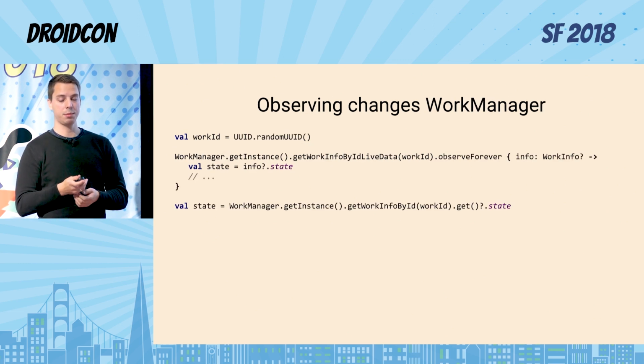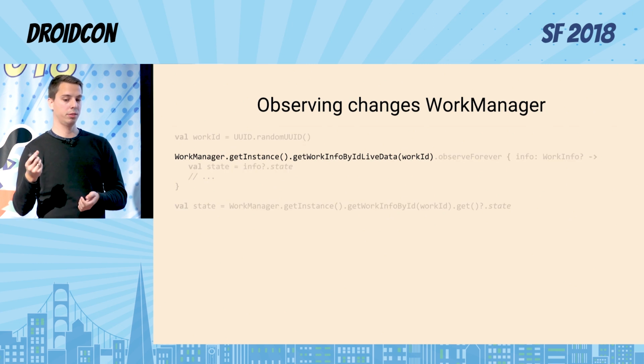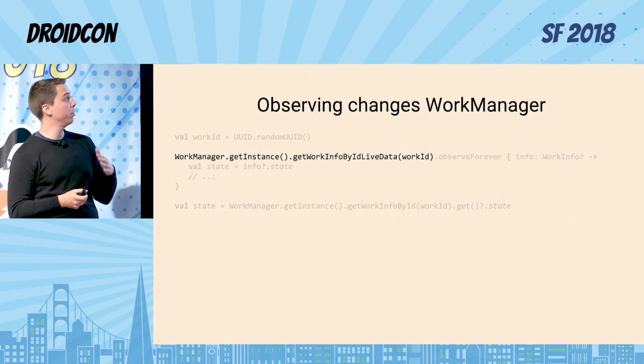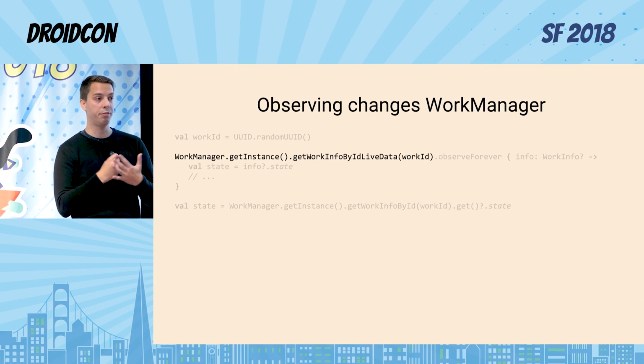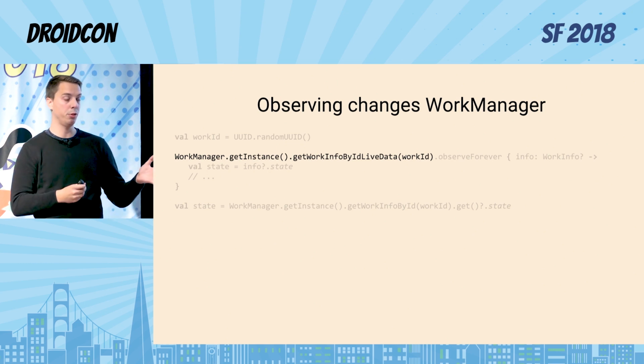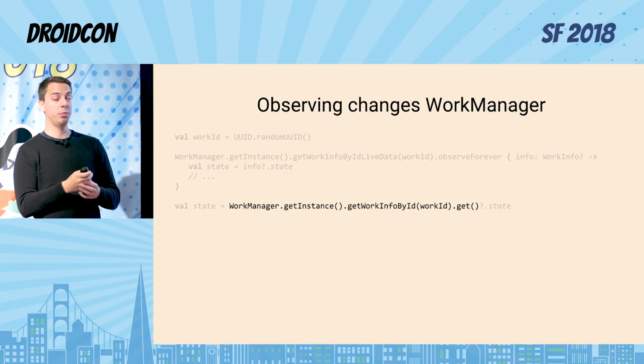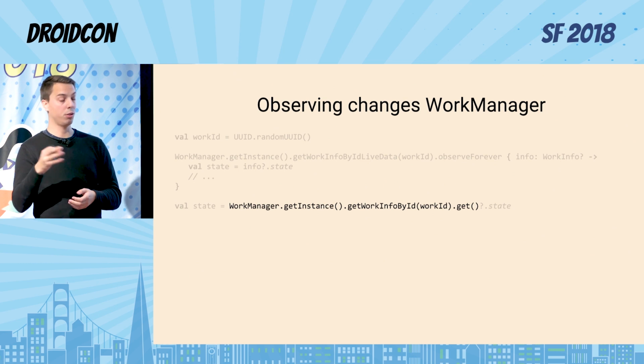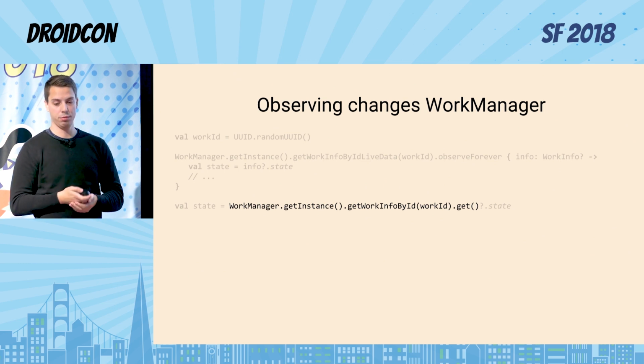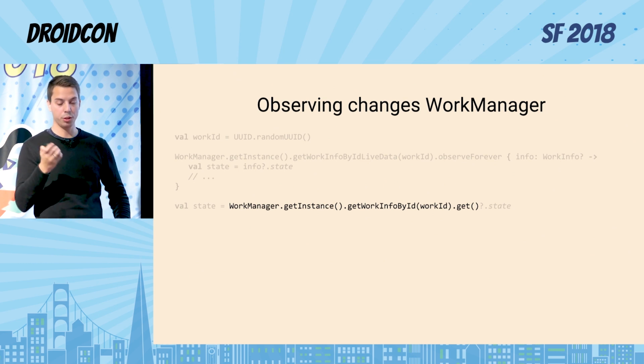WorkManager has that, and that's pretty cool. So you can call this getWorkInfo method. You can either let it return a live data object, so that's helpful for the UI side, or you can return a ListenableFuture. That's a Guava type we will talk about in a second. And there you can call the blocking get method to get your result or your state.